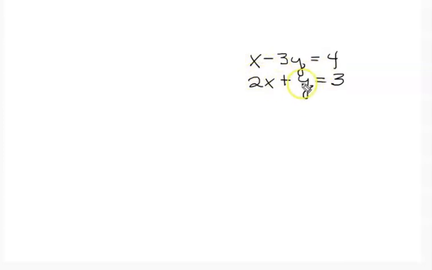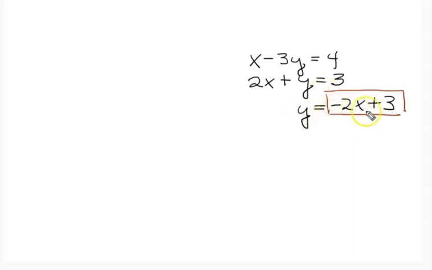Well, one of the ones that we're familiar with is this y here. Solve this second equation for y by bringing over the 2x as a negative 2x to this side, and then plus 3. Now, I have a value for y that I will highlight here in red. This is what y is.